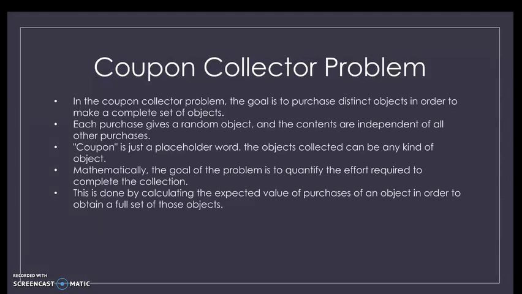So in this coupon collector problem, the goal is to purchase distinct objects in order to make a complete set of objects. Each purchase gives a random object, and the contents of the purchase are independent of all other purchases.